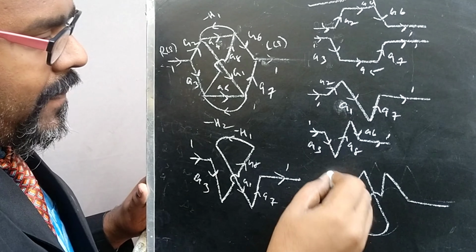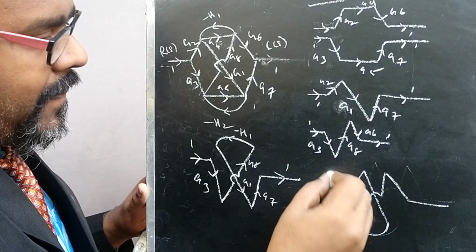See this part, G1. This is minus H1. This is minus H2. And this part is G1. And this part is G8. So this is also considered as a loop.